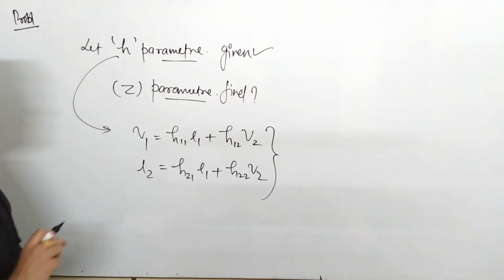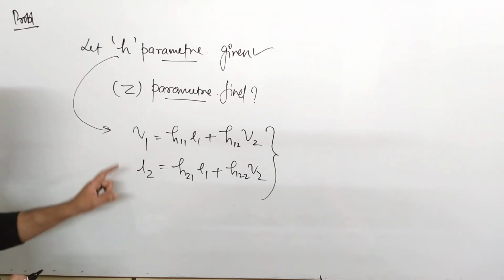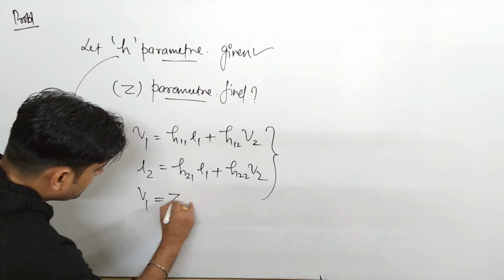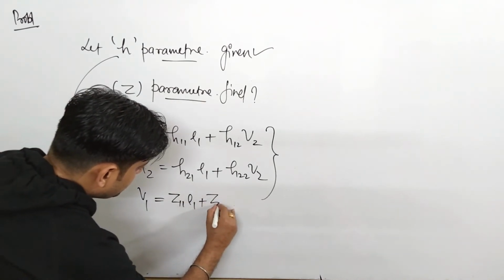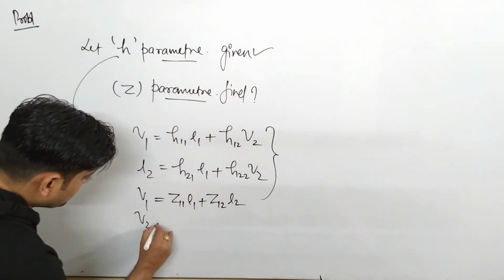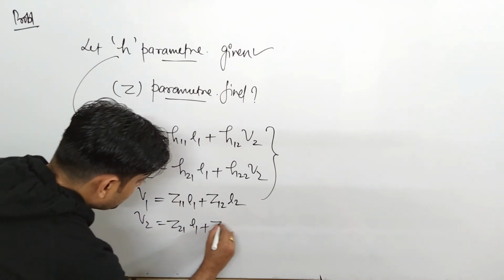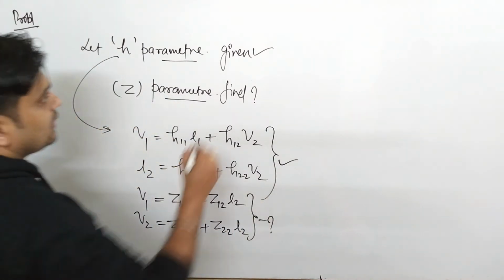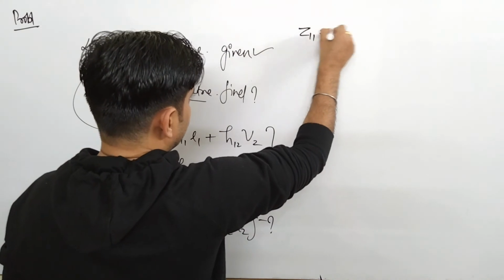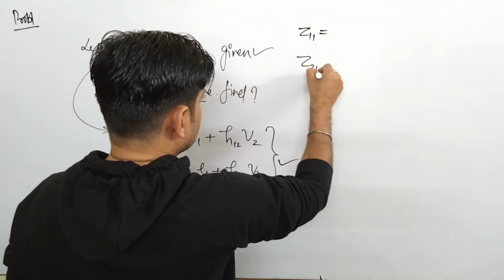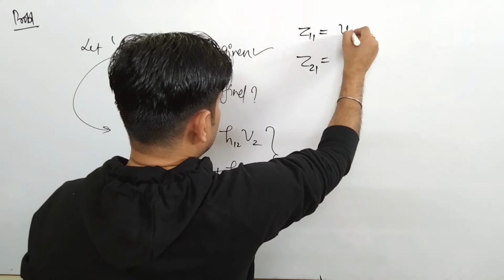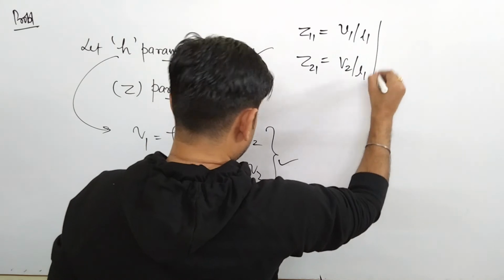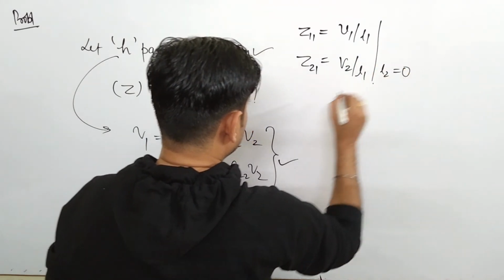Now this is mentioned here, it is given, and if it is given you have to find the z parameter. So the equation for the z parameter is v1 is equal to z11 I1 plus z12 I2 and v2 is equal to z21 I1 plus z22 I2. This you have to find. If you talk about z11 and z21, you can find them as v1 upon I1 and v2 upon I1 when I2 is 0.